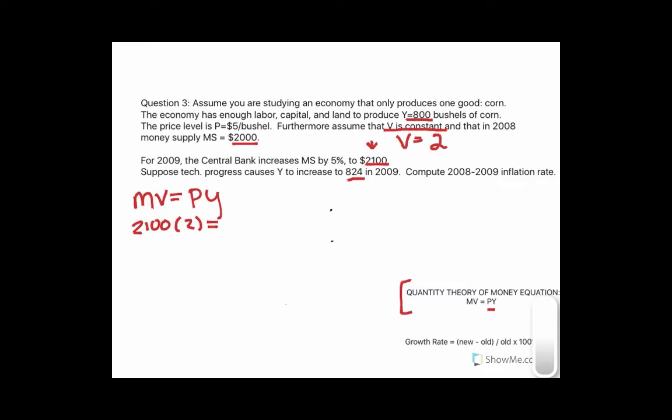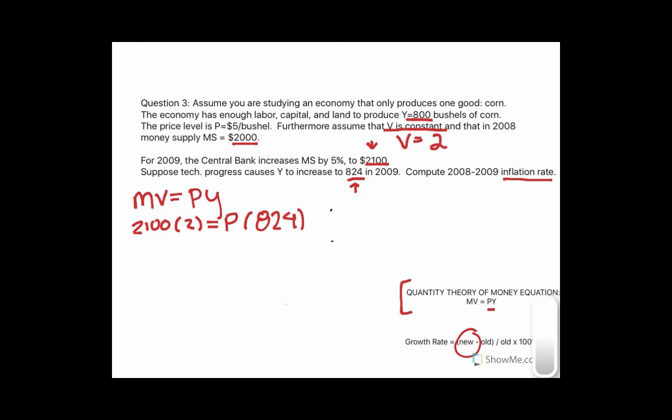P equals, that's what we're solving for, because if we want to find our new inflation rate, we have to find our new price. And then what was our Y? Well, remember Y increased to 824, so bringing that down here. And there we go. So we have our first equation all filled out.